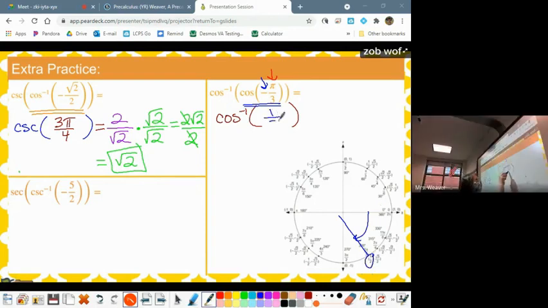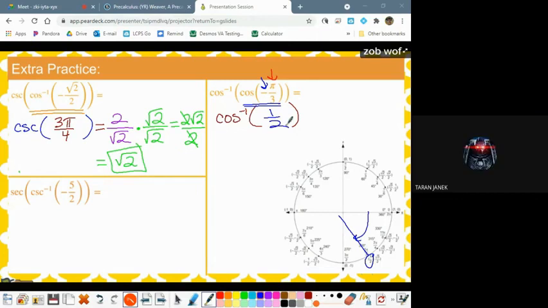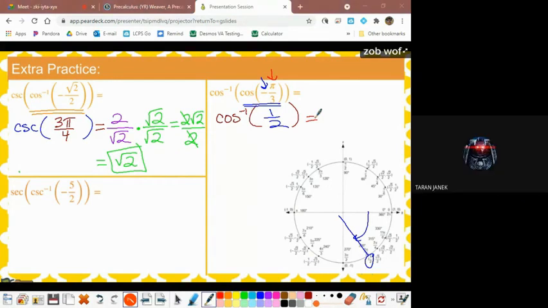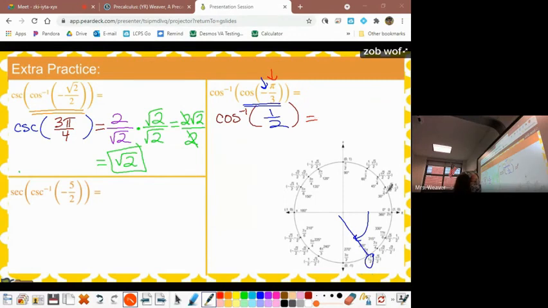Okay. Now we want the angle whose cosine is positive 1/2. So what is the angle whose cosine is positive 1/2? 5 pi over 6. So at 5 pi over 6, my sine is 1/2. Okay, I want my cosine to be 1/2.